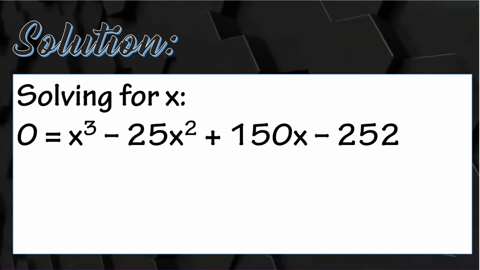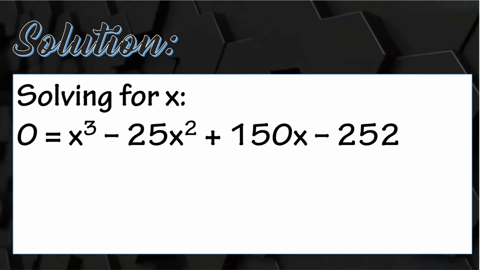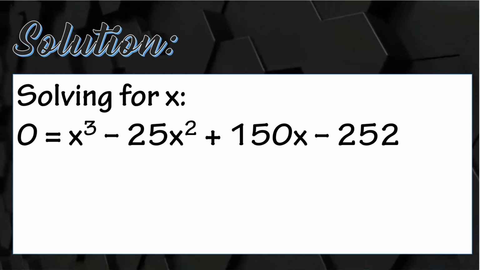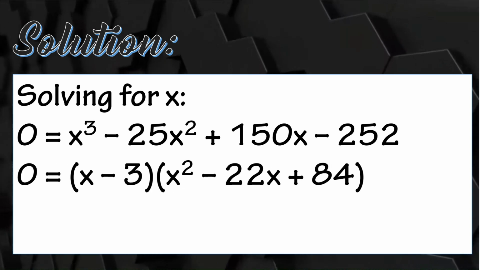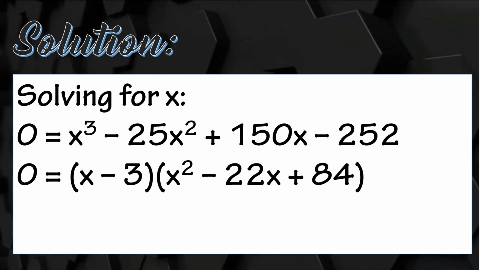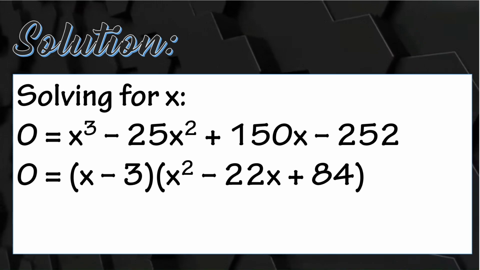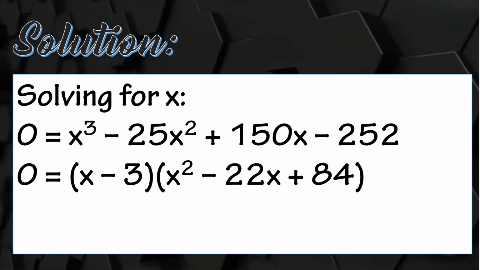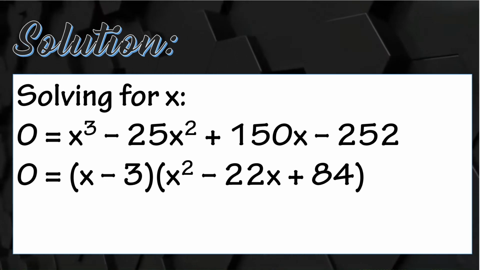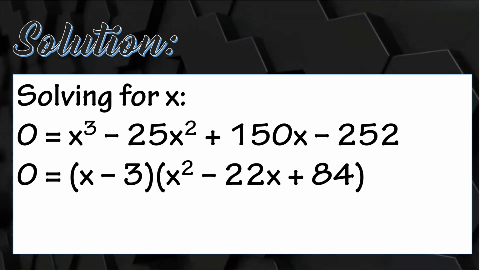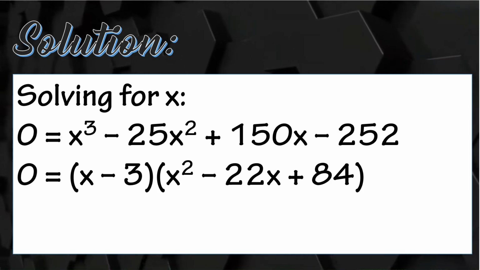To solve for its roots, we can simplify it by dividing both sides by 4. We can now have the factored form of this polynomial, which is the quantity x minus 3 times the quantity x squared minus 22x plus 84. The only possible root for this problem is x is equal to 3.